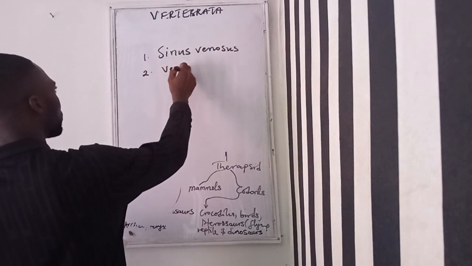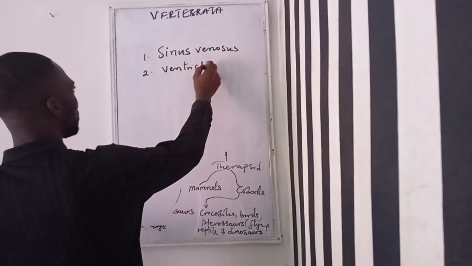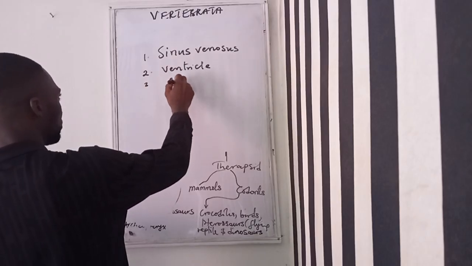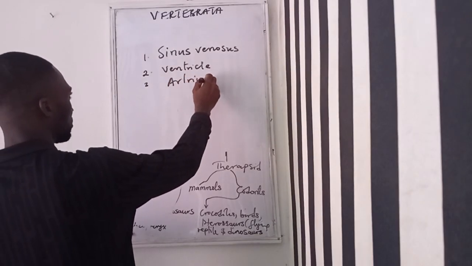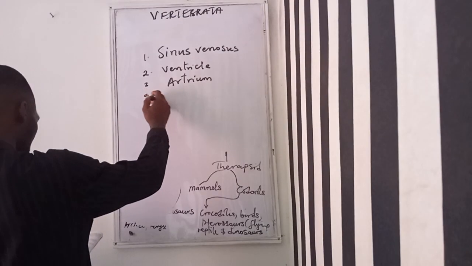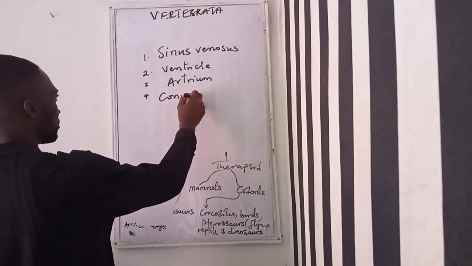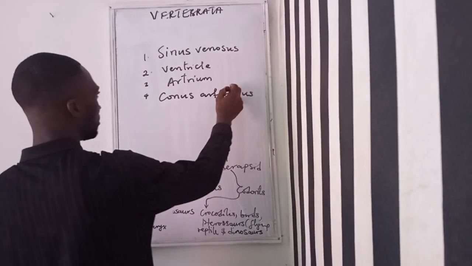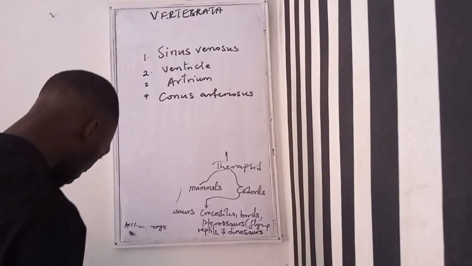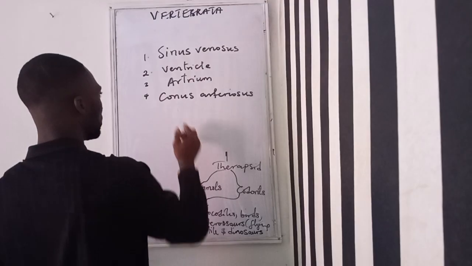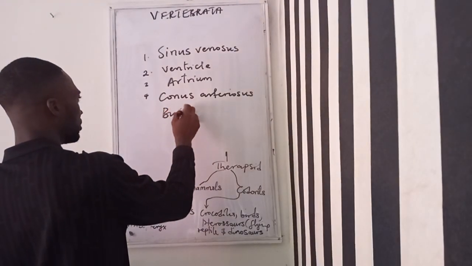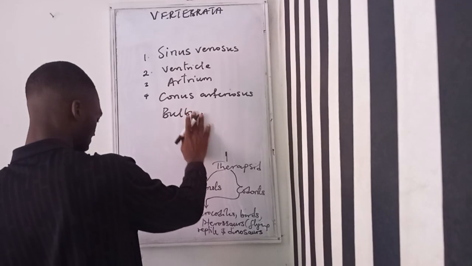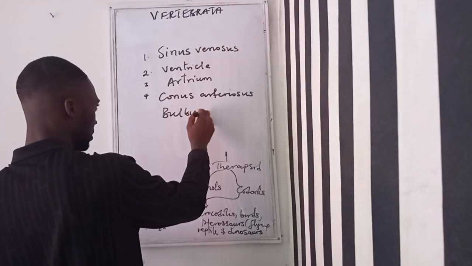We have the ventricle. We have the atrium. We have the conus arteriosus, which is also called the bulbus cordis.